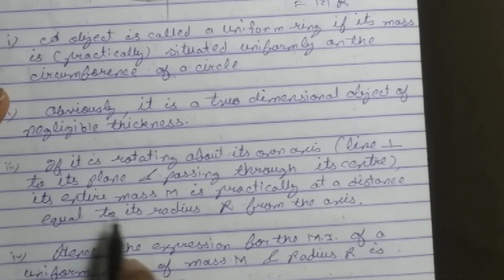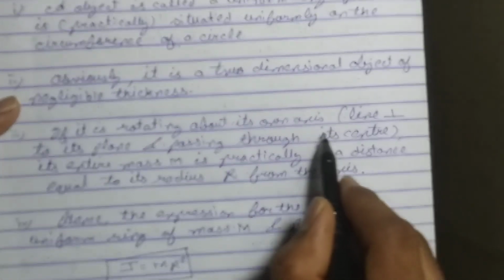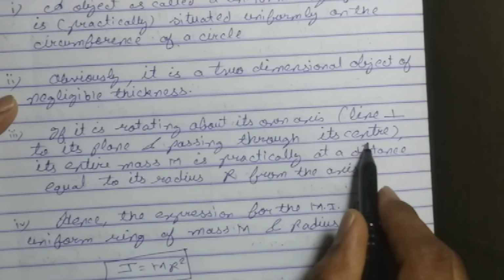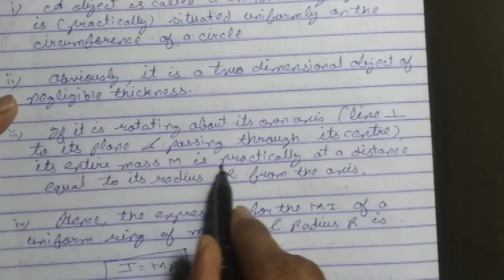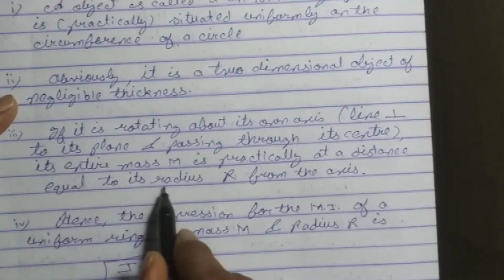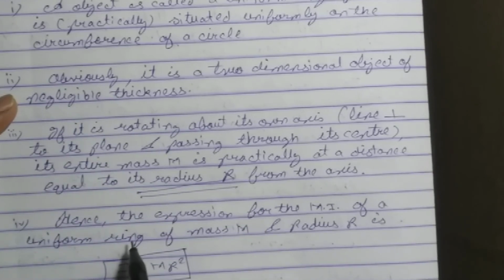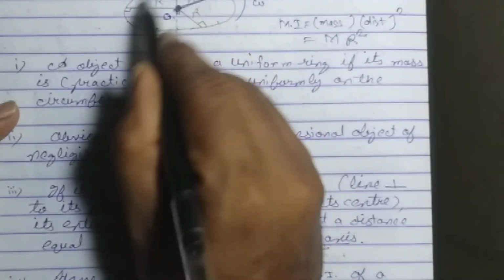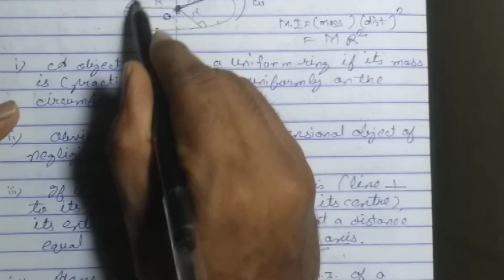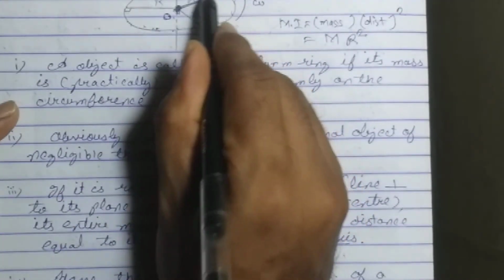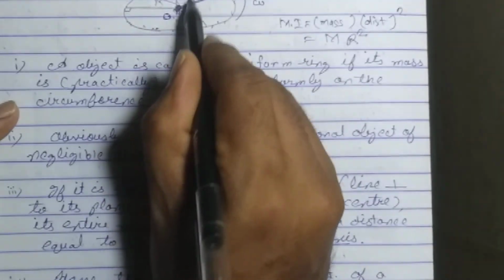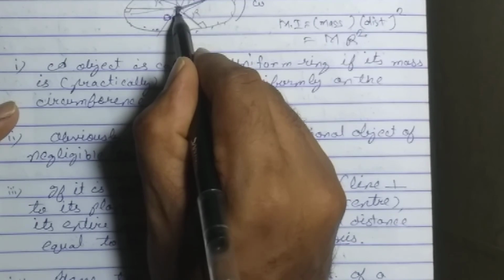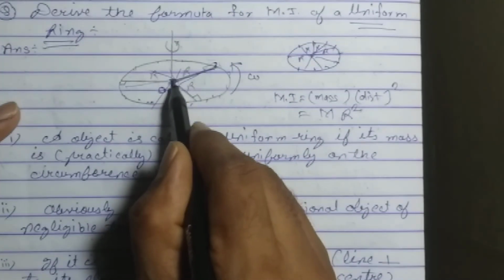So students, what is the moment of inertia? We can see here, if it is rotating about its own axis, that is, a line perpendicular to its plane and passing through its center, its entire mass is practically at a distance equal to its radius R from the axis. Because it is a ring, no? We observe that this ring consists of n number of particles, with masses at a distance of R. So here O is the axis of rotation and the center of mass.